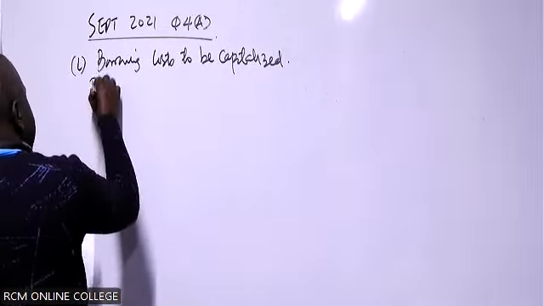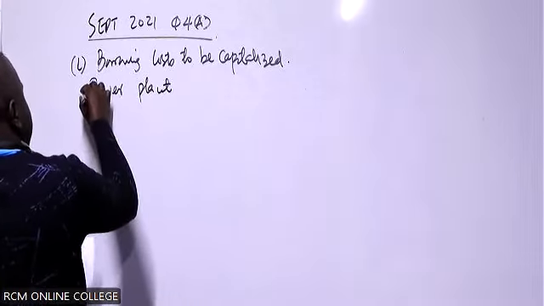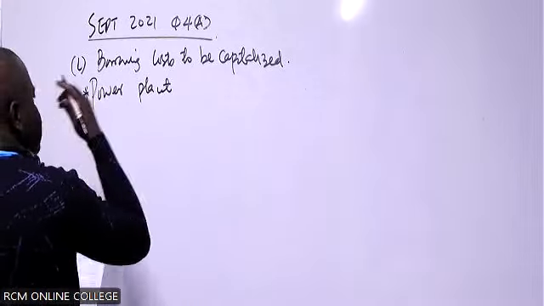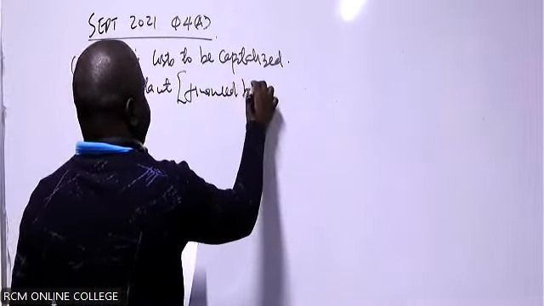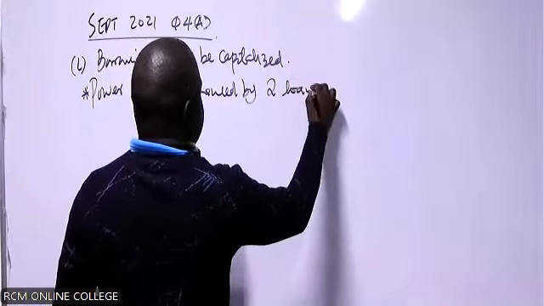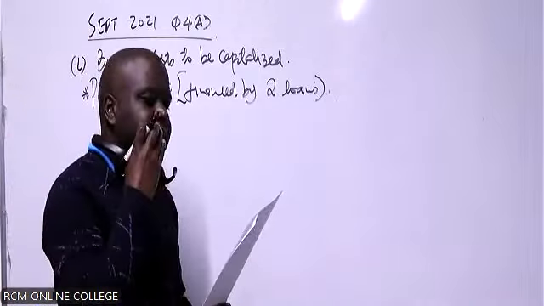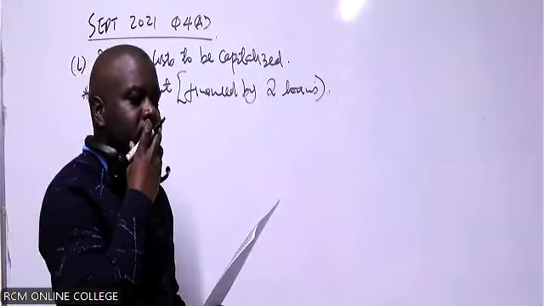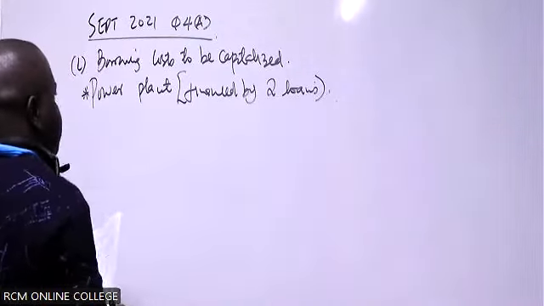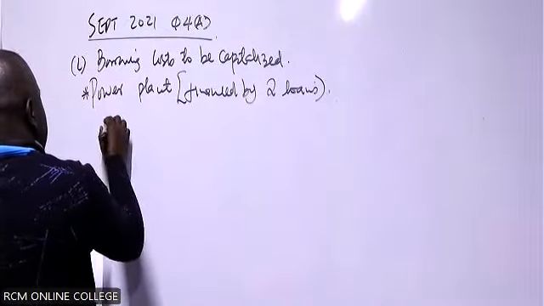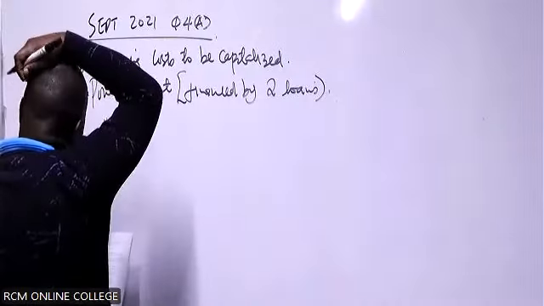Under the power plant, it is financed by 2 loans, which have different interest rates, the 10% loan note and the 12% bond. If that is the case, we said you should be able to calculate the capitalization interest rate before we can calculate the borrowing cost to be capitalized.